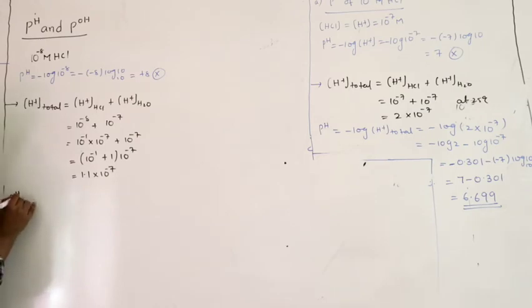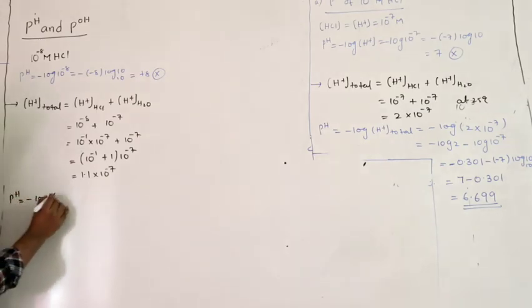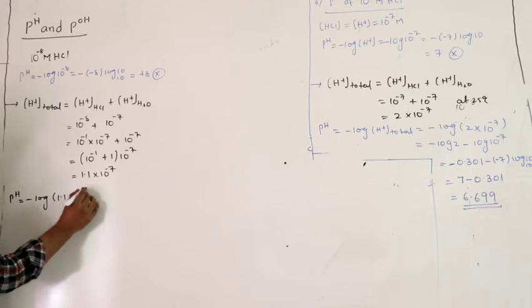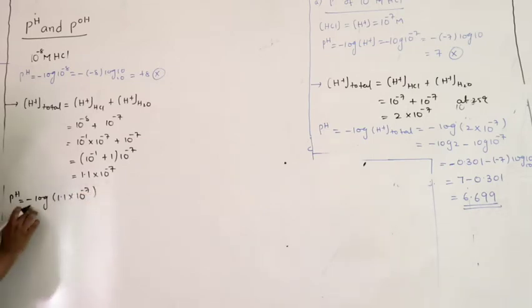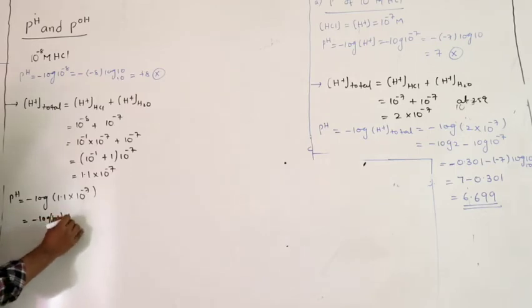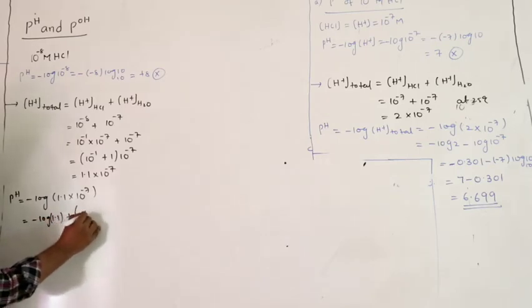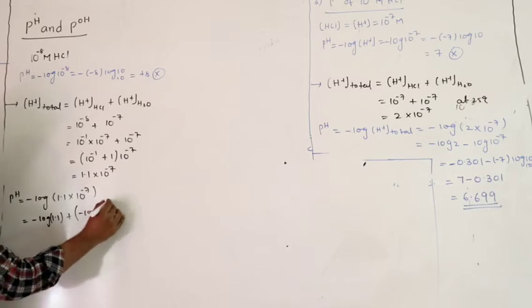So let us find the pH: minus log of 1.1 into 10 power minus 7. So this is minus log 1.1 plus minus log 10 power minus 7.